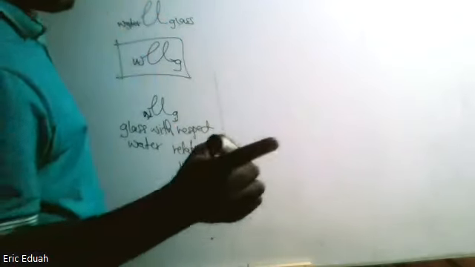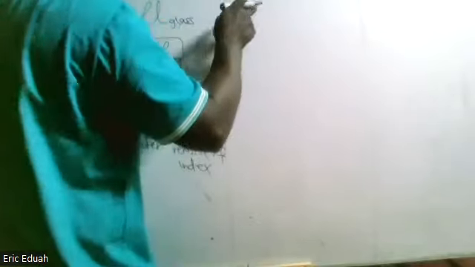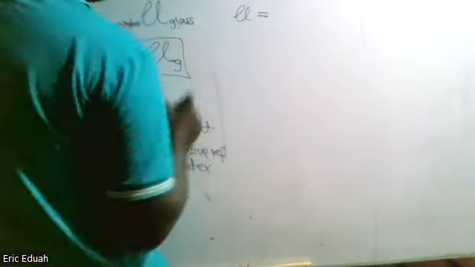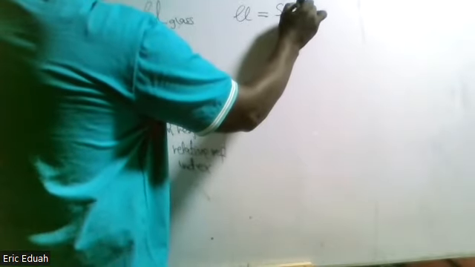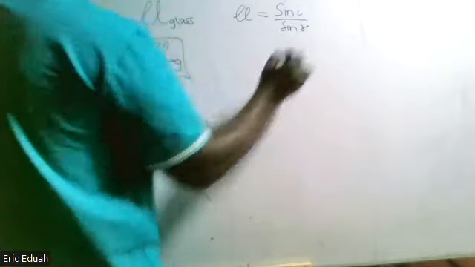The symbol is either N or mu. I'm fond of using this, so you will most often see this symbol. So take note. The absolute refractive index of a material can be found by applying Snell's law, sine I over sine R.